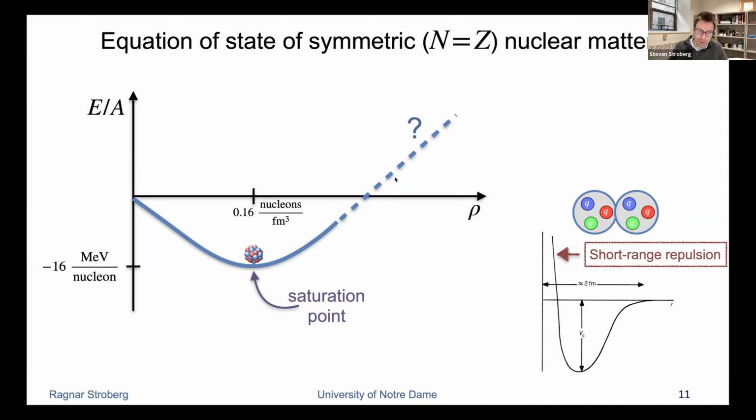And so we know that the energy is going to go up. We just don't know precisely how it goes up, because most of our information comes from down here.